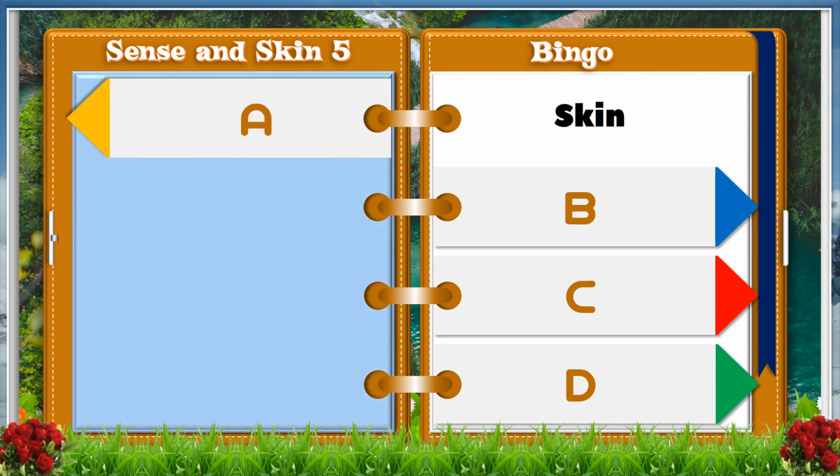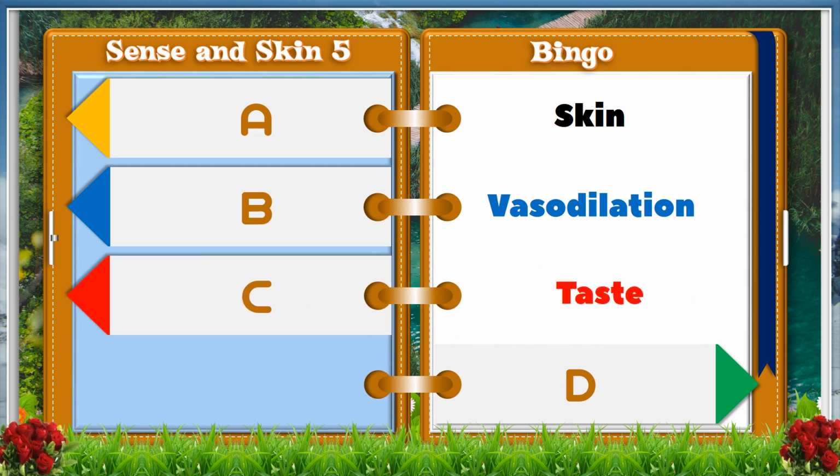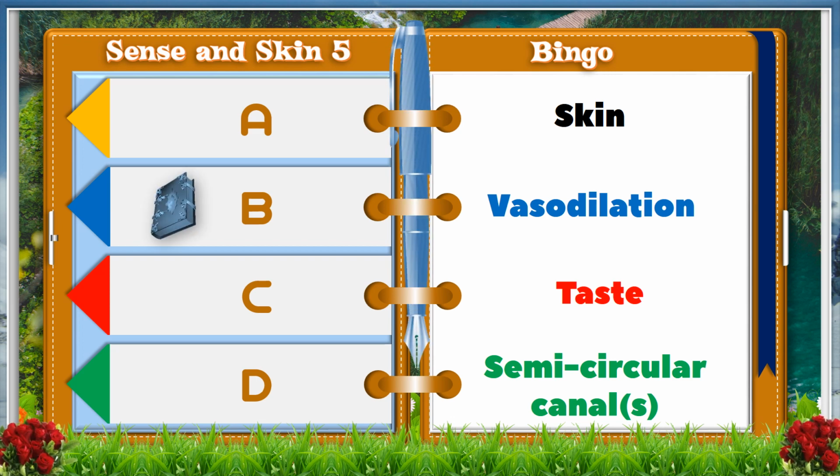A. Skin. B. Vasodilation. C. Taste. D. Semicircular canals. And the answer is B. Vasodilation.